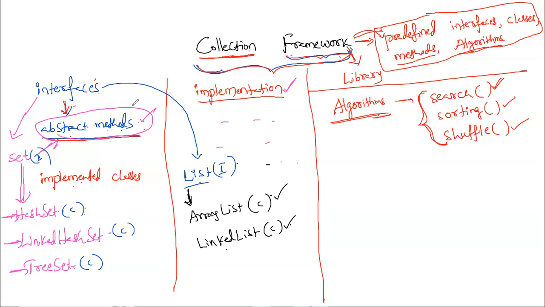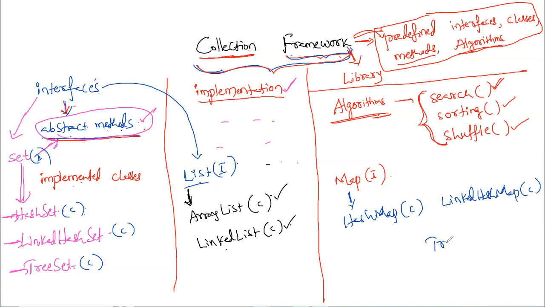And the last one, the Map interface, which again has some abstract methods. Interface means we are all aware of abstract methods. Then the corresponding implemented classes: HashMap is one class, LinkedHashMap is another class, and TreeMap, with capital M, is one more class.